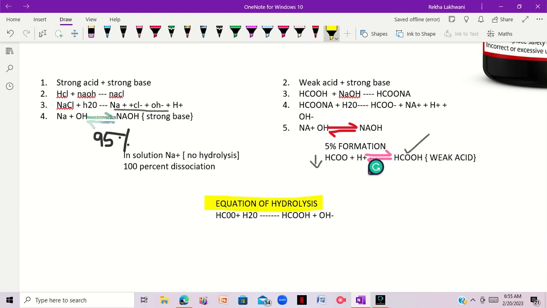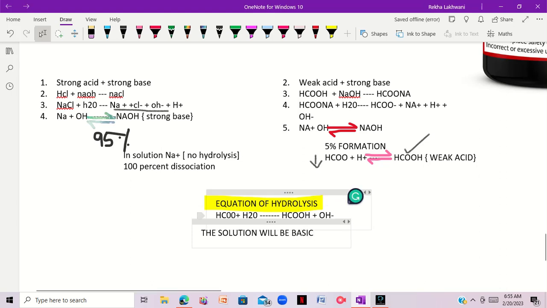So from the equation of hydrolysis, we can say the solution will be alkaline, or you can say the solution will be basic, as in the end we have OH ions. That's why the solution will be basic.